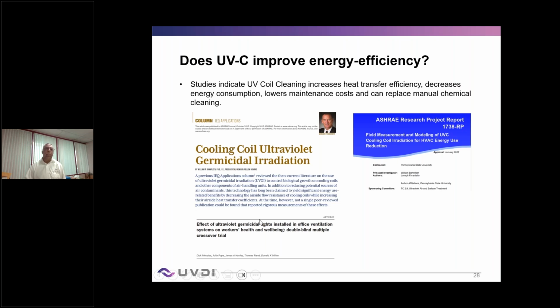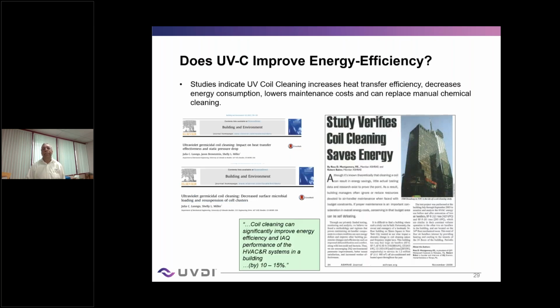And the one at the bottom is talking about how these UV systems improved the workers' health and well-being, reducing absenteeism and increasing productivity. This was a double-blind crossover trial. So there's ample evidence, and we can send all this literature to you if you need those references.